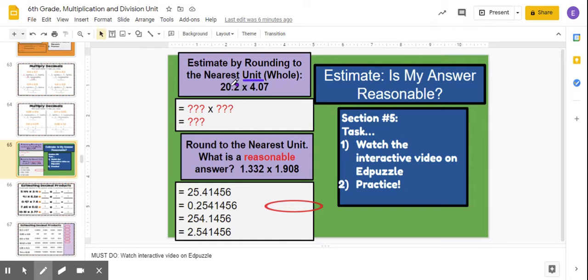So if we think about rounding, what we know is when we want to round to the nearest whole number, in this case, we're looking at this place value spot here. So everything in front of it doesn't matter. We're just honing in on this place value spot, the whole number. We're going to look to the place value spot right behind it, which happens to be the tenths. It's going to tell us if the number should get bigger or stay the same.